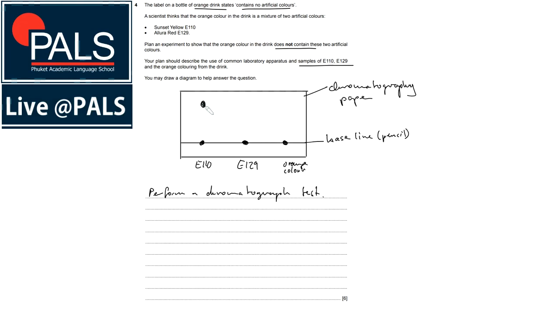Maybe the red one moves somewhere here, this one maybe moves here, and our orange one maybe, so this would be the solvent front, and our orange color maybe produces a result like this.